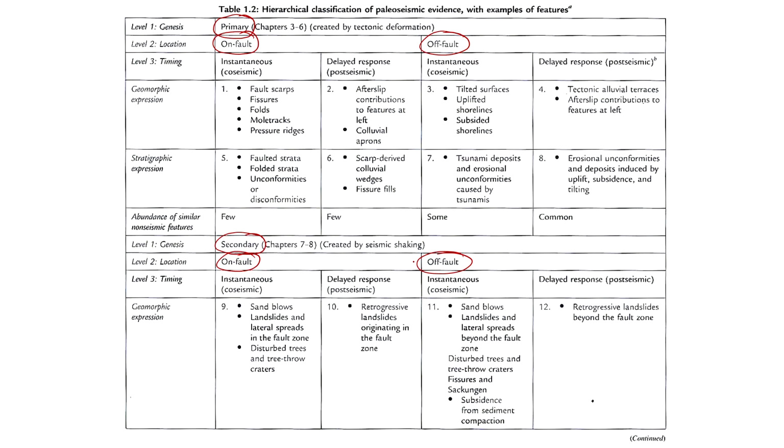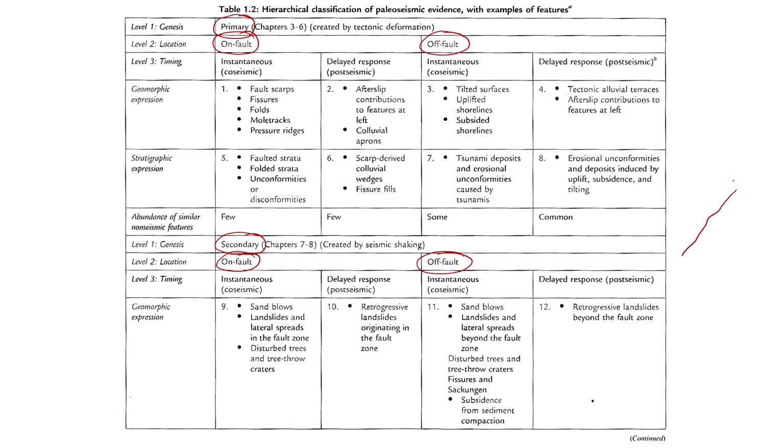A few of the most important features or signatures you will come across were discussed in the previous slide. As I mentioned and emphasized, one thing we try to see is the location, because on fault and off fault is about location. For example, you have a fault here.